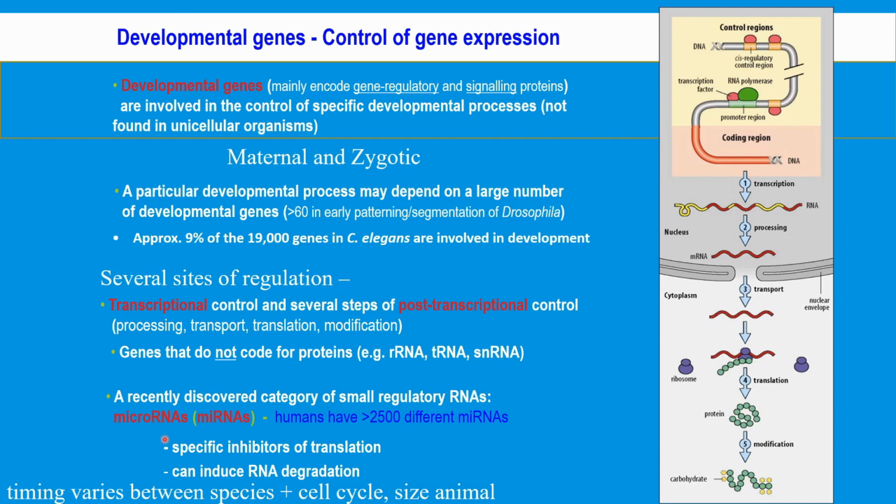And while I mention timing, I just want to say that, of course, the timing of development varies a lot between different animals. In part, that can be attributed to the amount of time it takes from when a gene is switched on to when it gives rise to the mature protein.